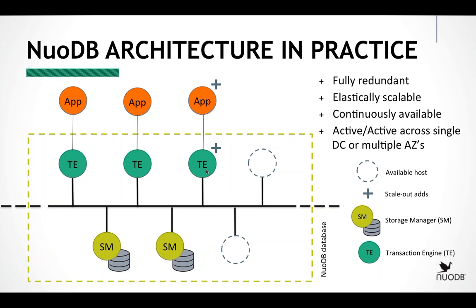So this is really the front end of the NuoDB database, and that's what we call the memory-centric architecture of NuoDB, because these are the processes which actually hold the data while applications interact with it.